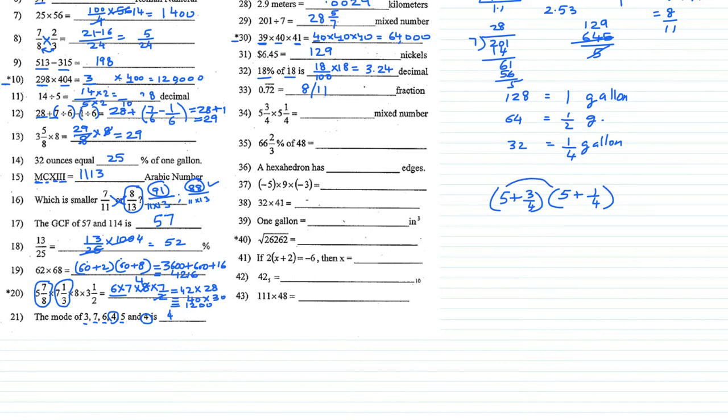So 5 times 5 is 25, and then 5 times 1/4 is 5/4. 3/4 times 5 is 15 over 4, and then 3/4 times 1/4 is 3 over 16. So 5/4 plus 15/4 is 20 over 4, which is nothing but 5. So this is 25 plus 5 plus 3/16. So the answer is 30 3/16.